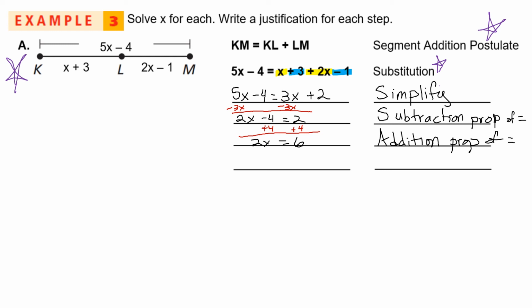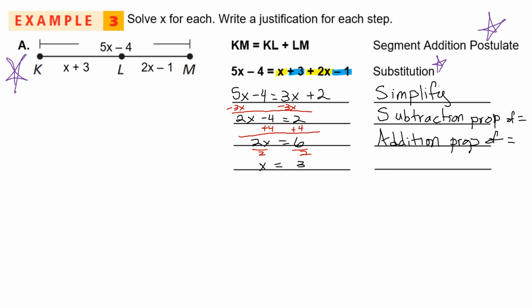Again, the red is the work, but black is my step. Then next up we have 2x equals 6, and we're going to divide by that 2. And we have x equals 3.